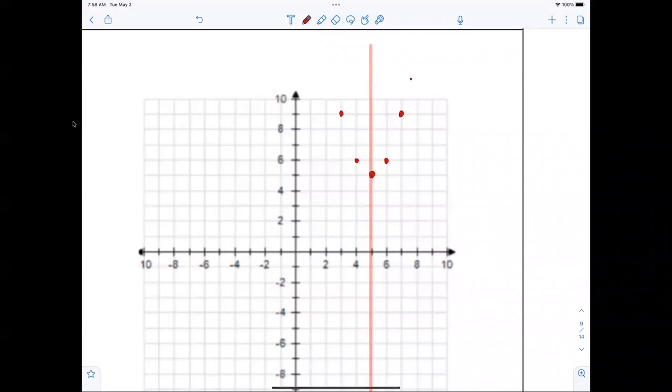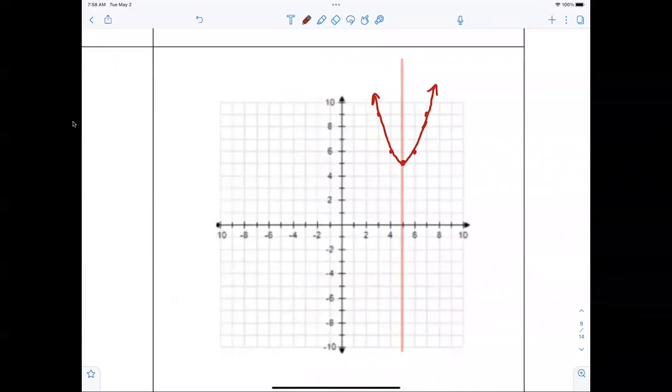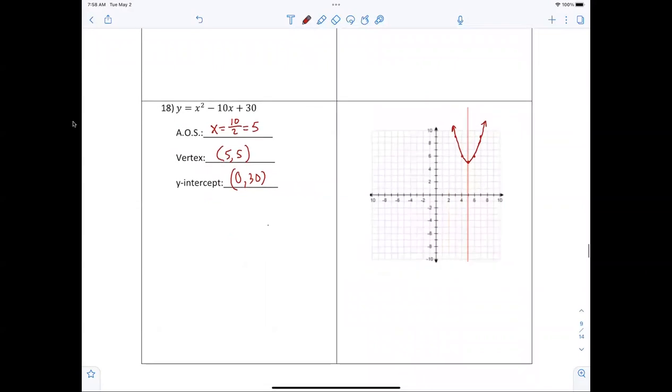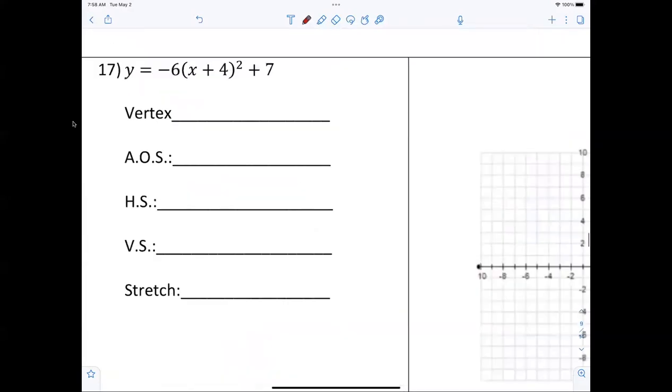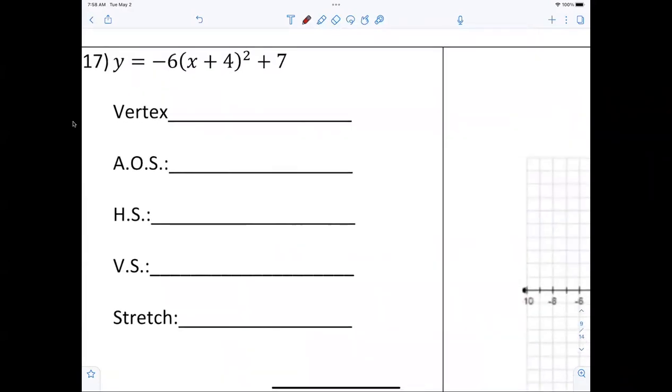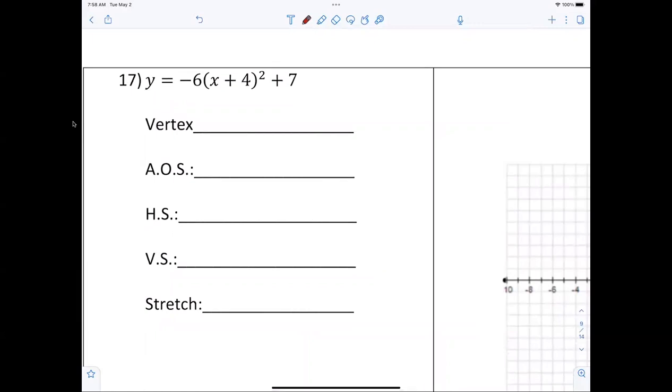I feel like that hopefully answered some questions here. Anybody else? Would you like me to do one? Let's look at 17 real quick. This is the vertex form, that's why it's a little bit different here. Your vertex is going to be what? -4 comma 7. Perfect.